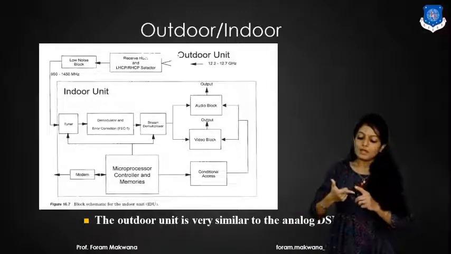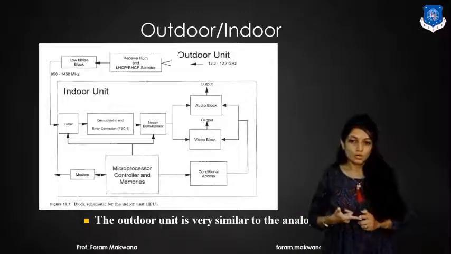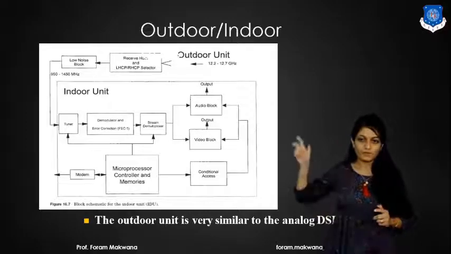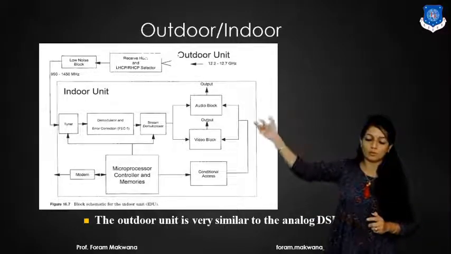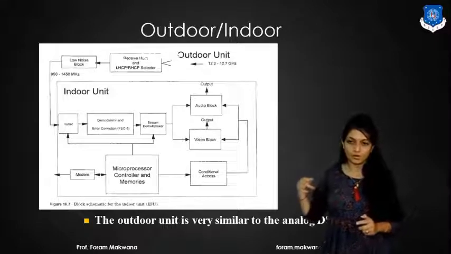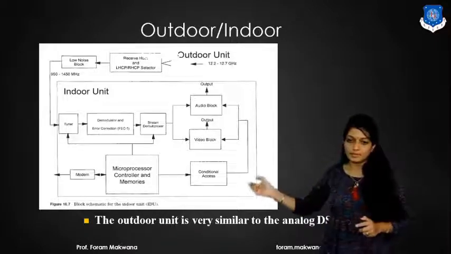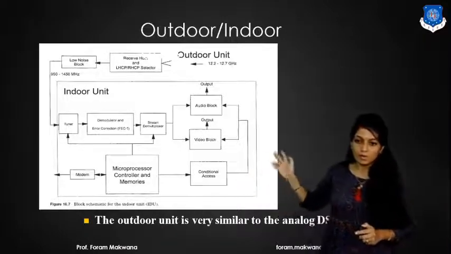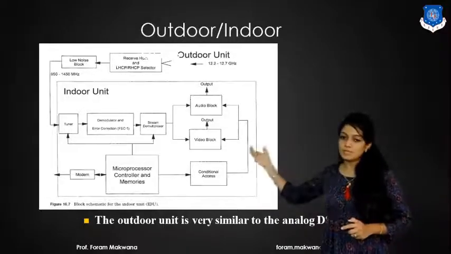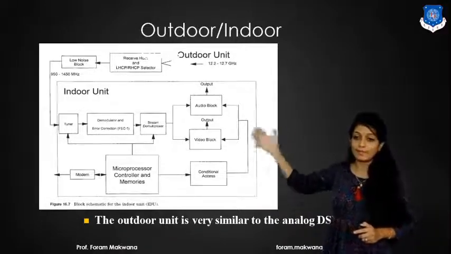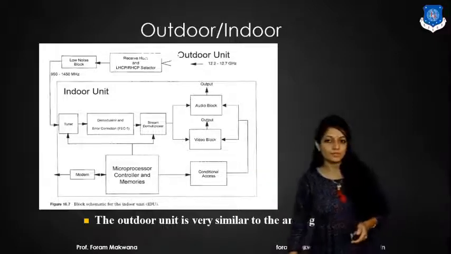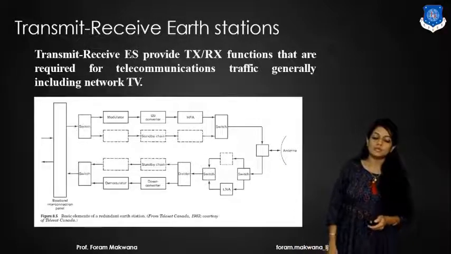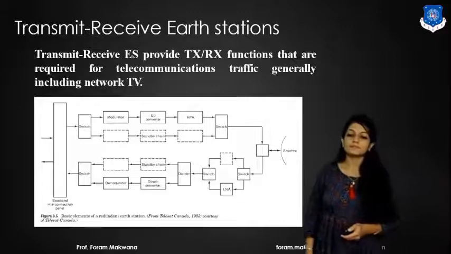We need the output in two forms, audio and video, so we get audio from the audio block and video from the video block. Access is handled by the microprocessor and the controller, and then it is applied to the modem. This is how the input and output work.